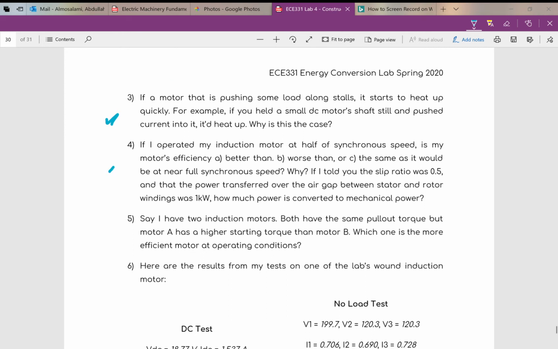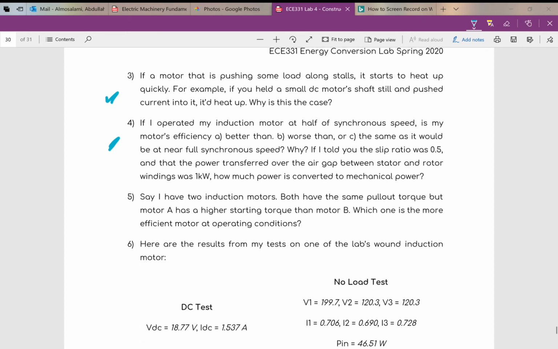Okay, number 4, if I operated my induction motor at half synchronous speed, is its efficiency better, worse, or the same as it would be at near full synchronous speed? And why? Okay, this, and actually pretty much every question after this, by the way, is directly from the videos I put up. And in those videos I said that, first of all, recall the equation, P converted equals (1 minus S) times P gap, P air gap.